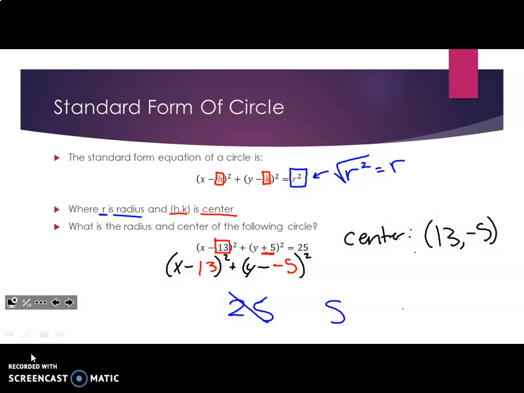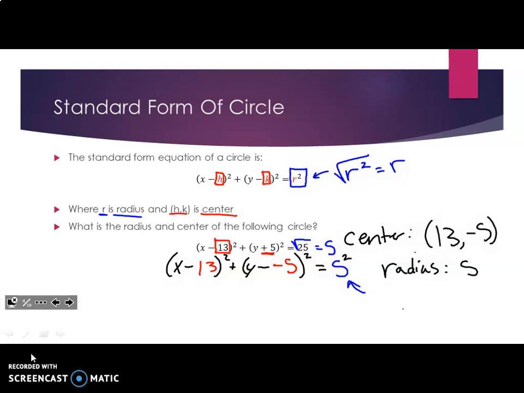So 25 is not our radius, but the square root of 25 is, and we know the square root of 25 is 5. If I'm rewriting this in standard form, it wouldn't be 25, it would be 5 squared on that side. That 5 is my radius. So the center of this circle is at 13, negative 5, and the radius of this circle is 5.